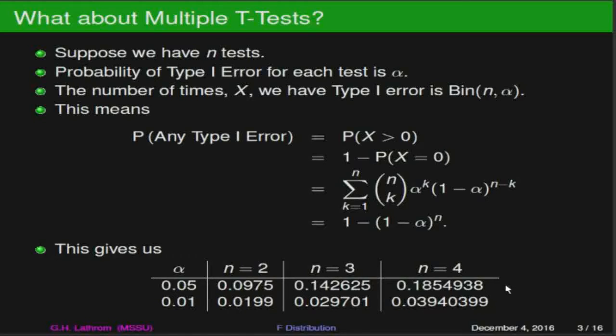And so for those situations, because our type 1 error is just going to accumulate for the more groups that we have, this really isn't a viable solution for us. So the multiple t-test thing isn't going to work out, so we need something else.